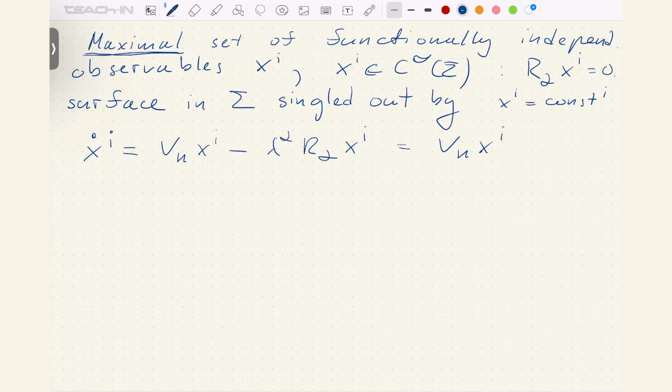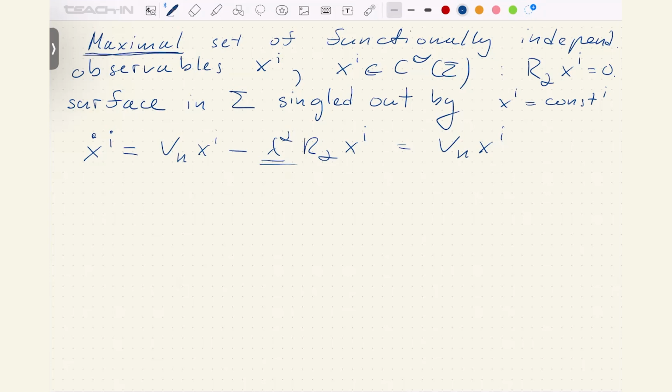So the evolution of these observables xi, determining the gauge orbit, does not depend on the choice of lambda. At the same time, because it's a maximal set, the values of xi determine a gauge orbit.